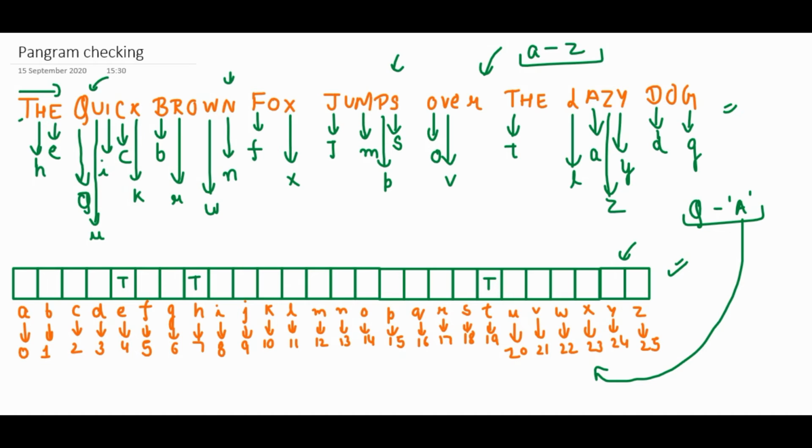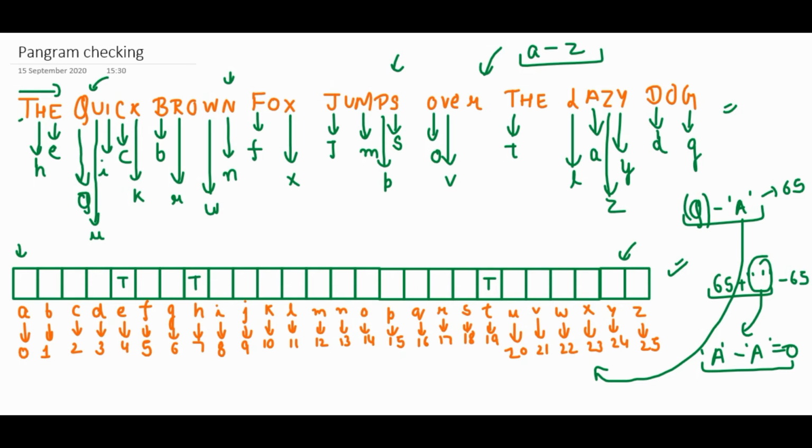Okay, because the ASCII value of A is 65 and the ASCII value of Q will be 65 plus some value. So if we subtract 65 from it, we will get a value which will lie between 0 and 25, right? So if we have A and we subtract A from it, it will be 0. So A will represent the 0 element.